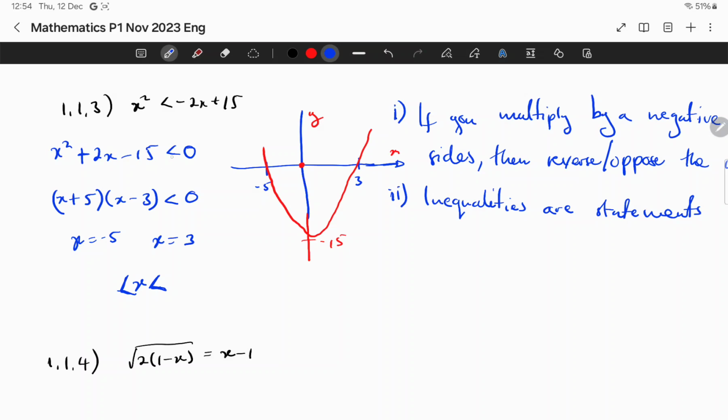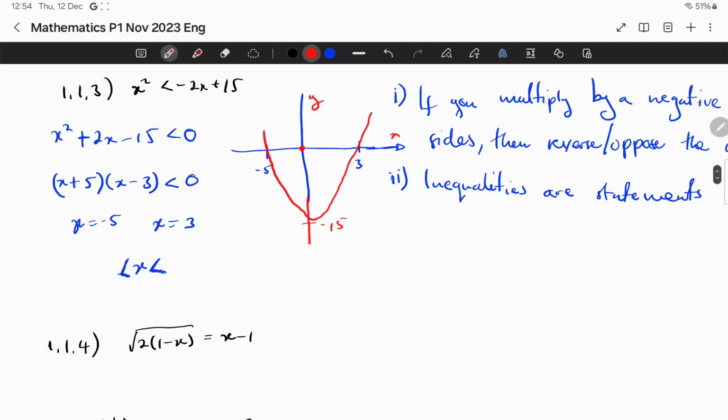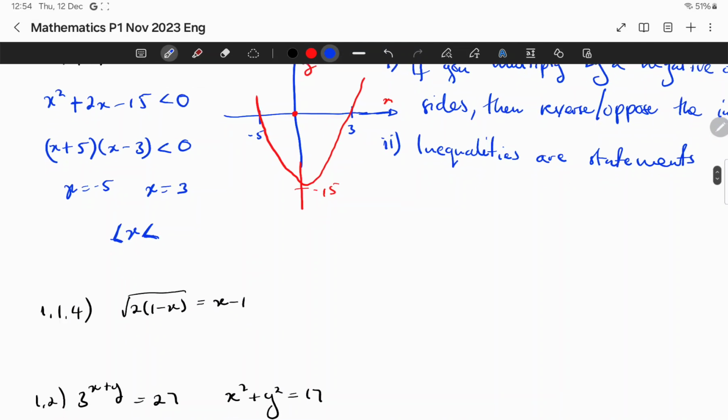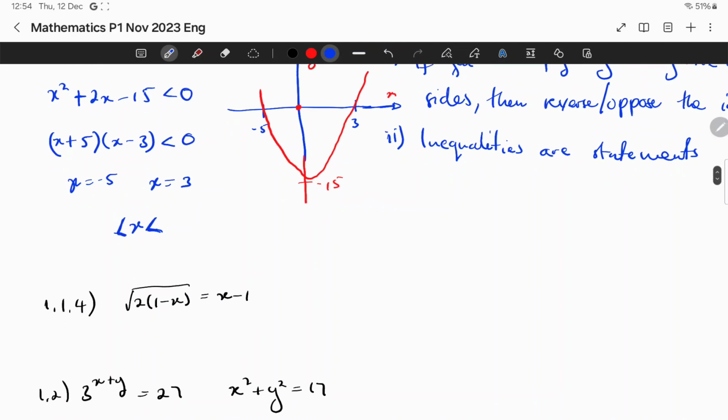It's not inclusive. So similarly, in your answer, don't include the boundaries. Do not include them, this will be wrong. Exclude the boundaries as given in the question. So note down your range: x is greater than -5, less than 3. This is the answer you're looking for.